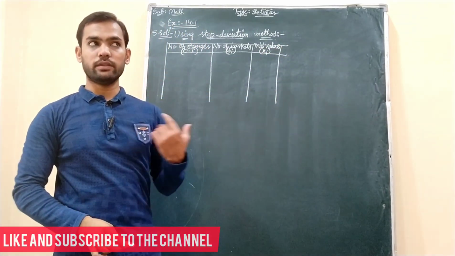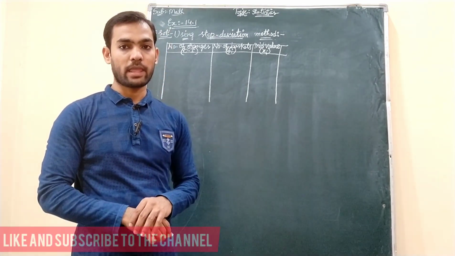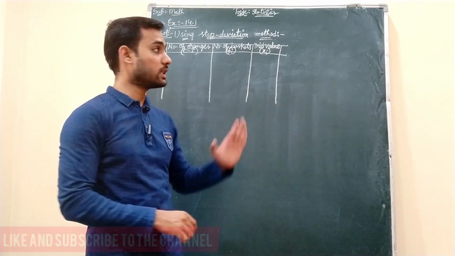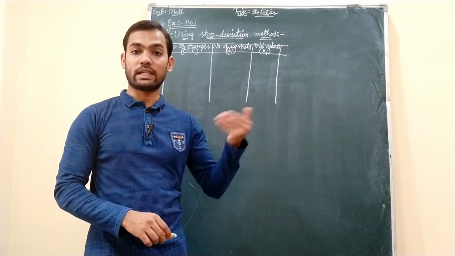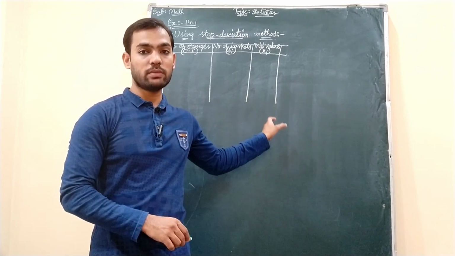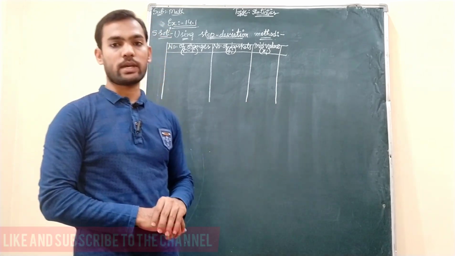In the direct method we need the mid value because fi xi is there in the formula, whereas in the assumed mean method as well as in the step deviation method we need this column to find the di value or ui value, as well as we will take the assumed mean from this mid value column. That is the reason we prepare this mid value.